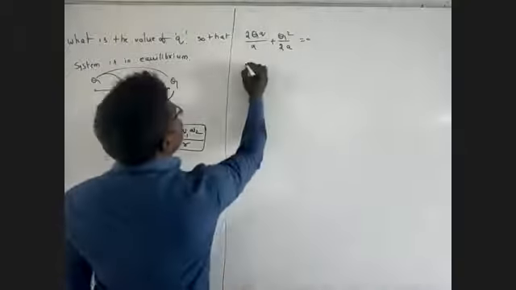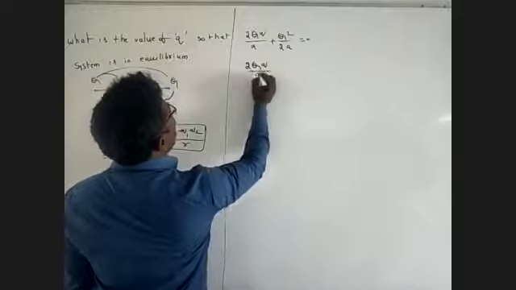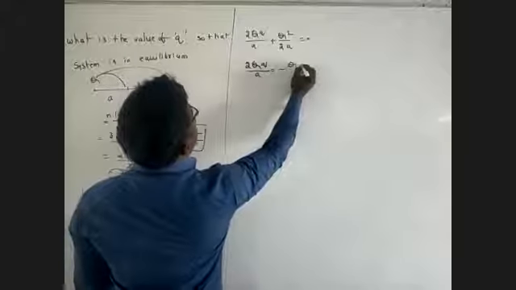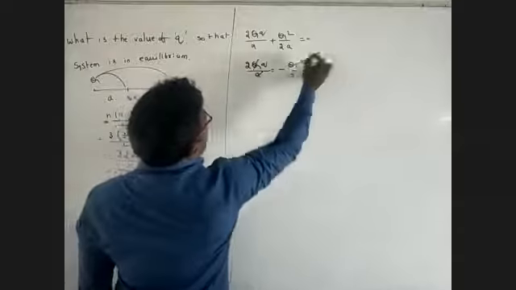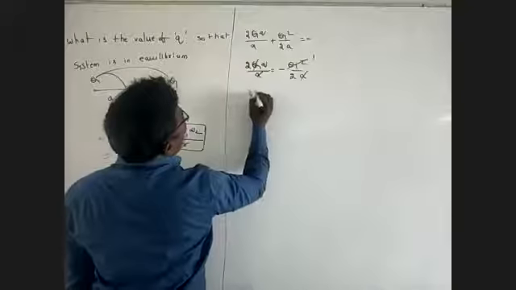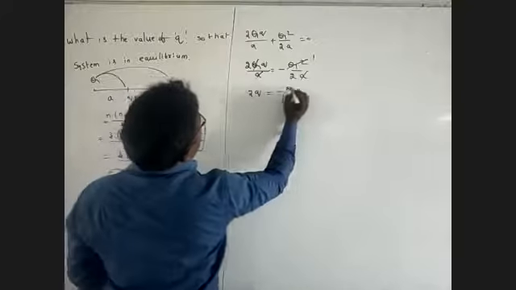So in this equation, 2 capital Q small q by A is equal to minus Q square by 2A. A cancels and Q cancels. So 2 small q is equal to minus capital Q by 2.